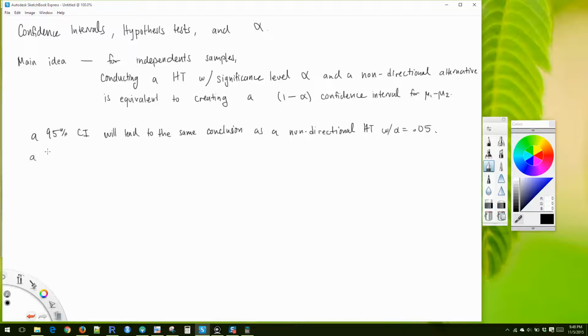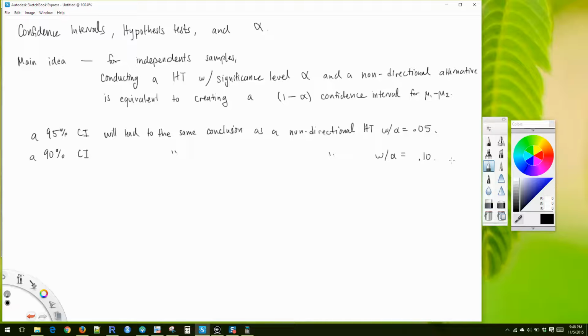And likewise, a 90% confidence interval will lead to the same conclusion as a non-directional hypothesis test with alpha equal to what? 0.10. And you can extend that to any combination of hypothesis tests and confidence intervals.